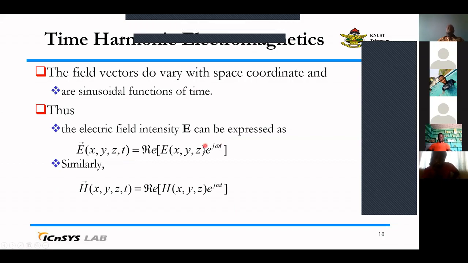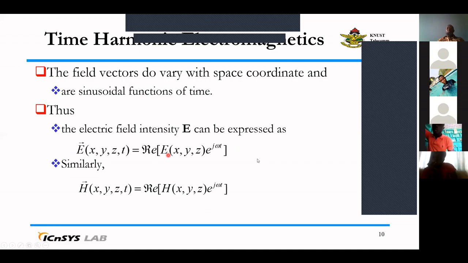Now, the variation with respect to time can be represented by a sinusoidal quantity, e to the j omega t. And therefore, if we are looking at sinusoids, then we are looking at functions that are cos omega t.